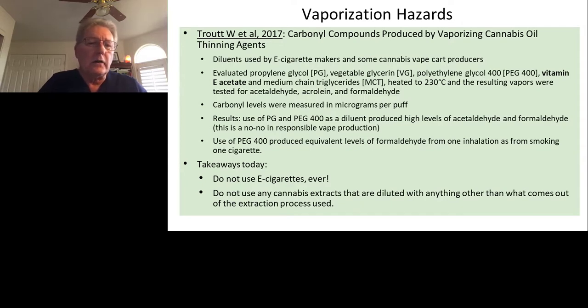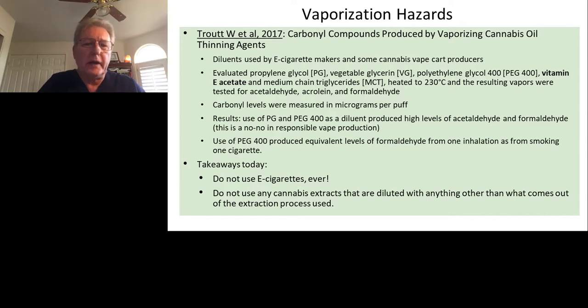Polyethylene glycol, for instance, vitamin E acetate, even MCT, medium chain triglycerides, polypropylene glycol, can produce some pretty nasty stuff.